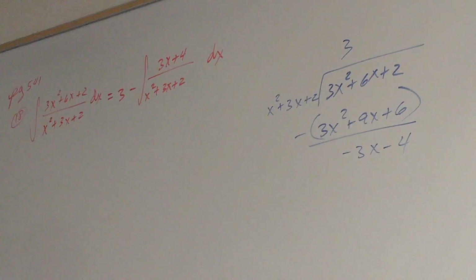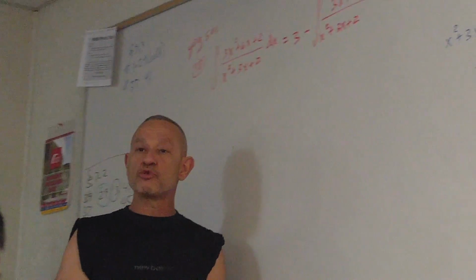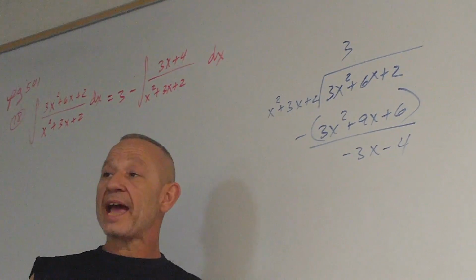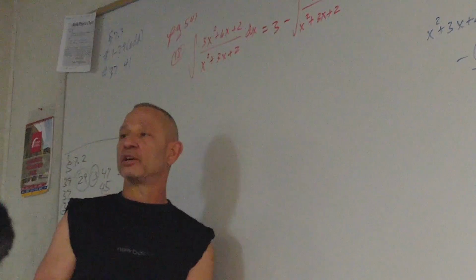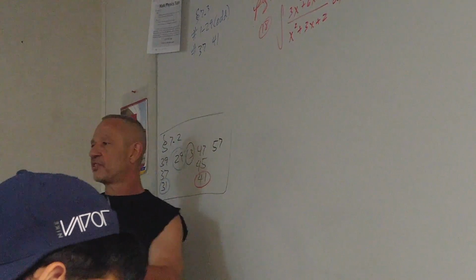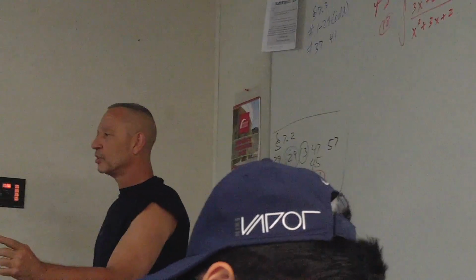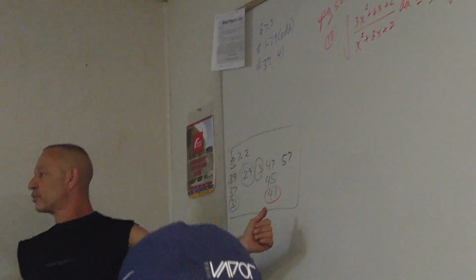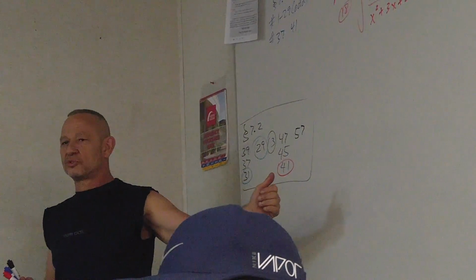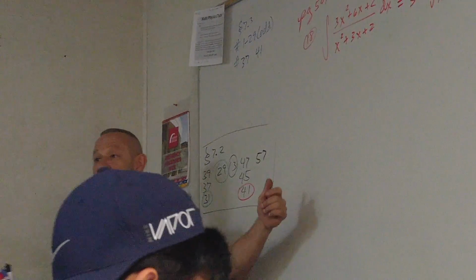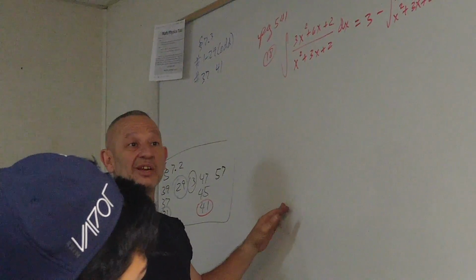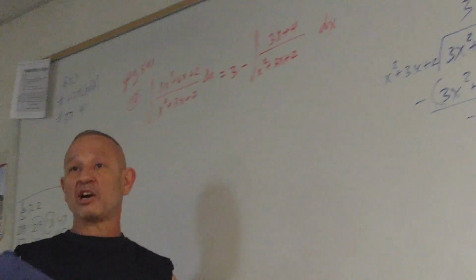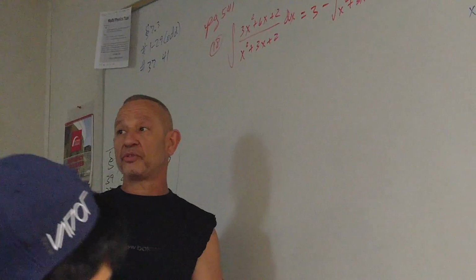I am going to now decide on my future course by asking myself whether the denominator factors or not. If the denominator does not factor, I'm back to 7.3. I'm going to have to complete the square and do a trig substitution. If the denominator does factor, then I'm going to use partial fraction decomposition and split it into 2 pieces.